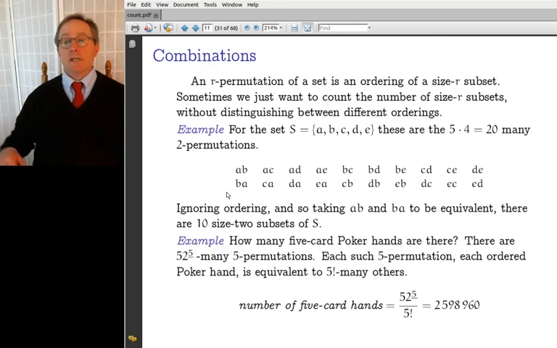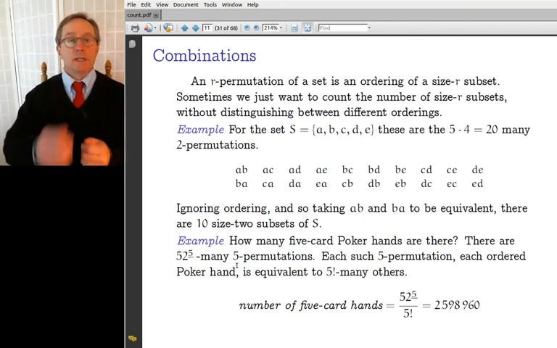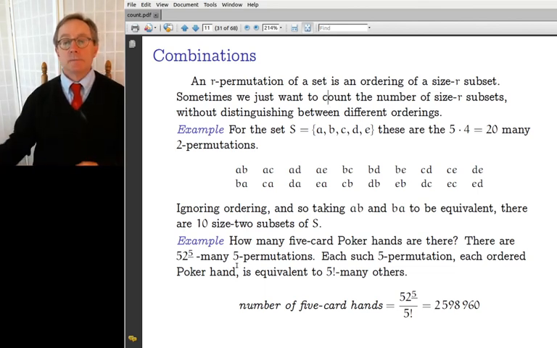Poker hands, because that's a number that people are familiar with. So there are 52 to the 5 falling, many 5 permutations. So that's how many, if somebody deals the cards out, how many different deals are there? 52 to the 5 falling. Let's pop that up.